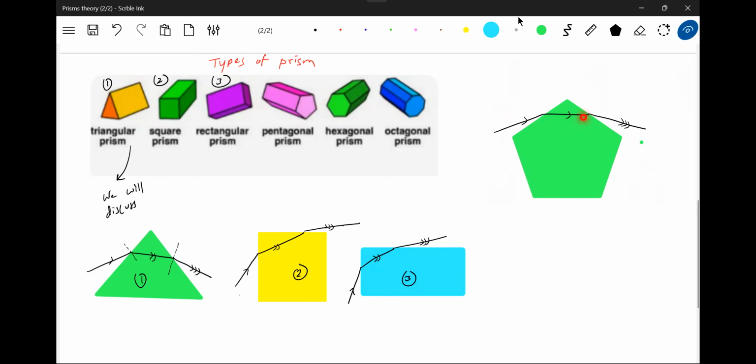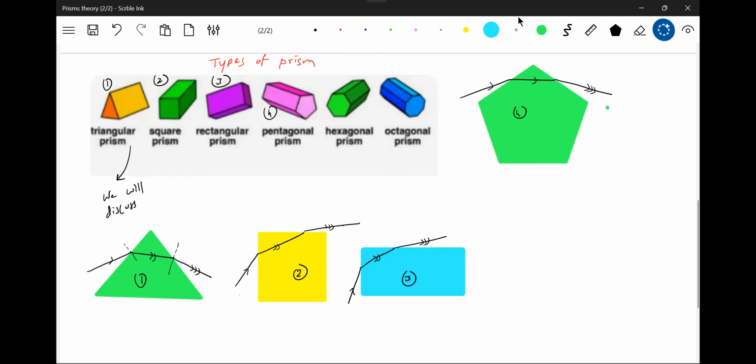Okay, fine. The idea is the same. What all these prisms will do, they just bend the ray of light. They're just used to change the direction of propagation of the ray. If you want to change the direction of path of the ray of light, then take help of the prism.